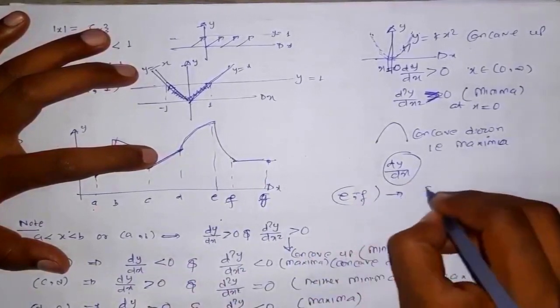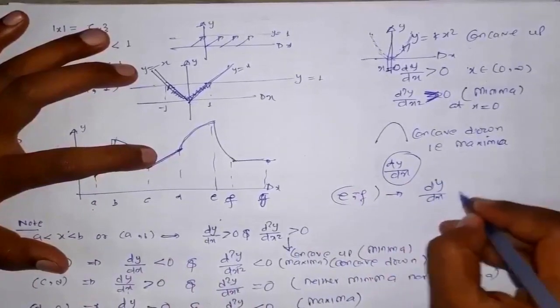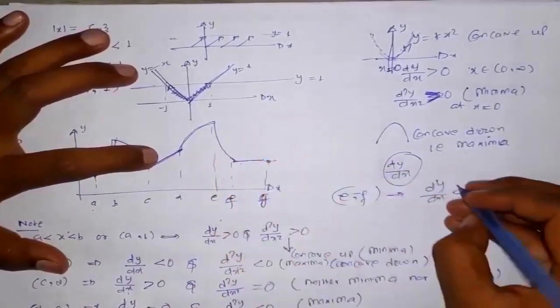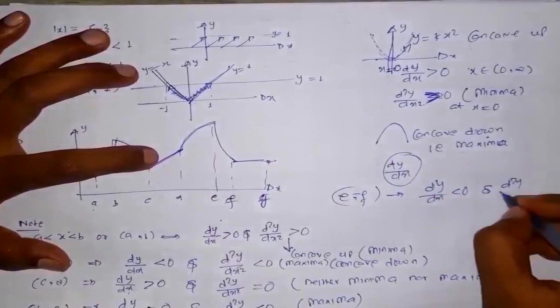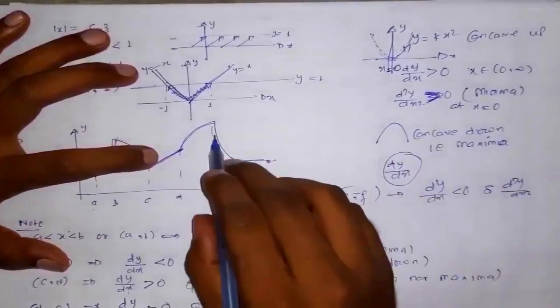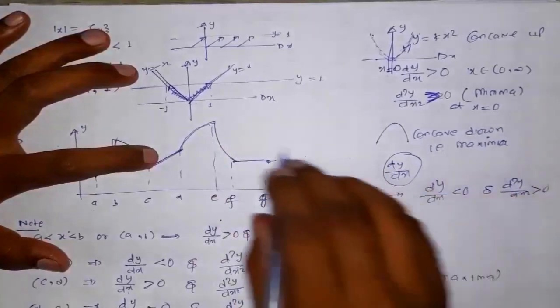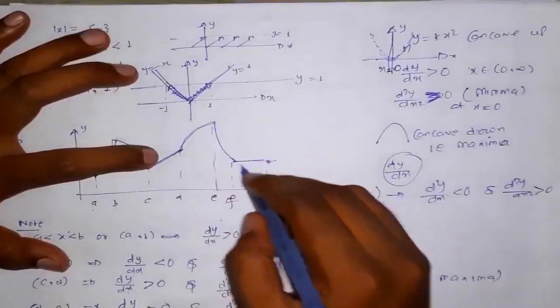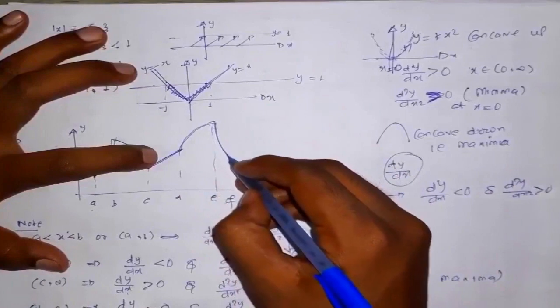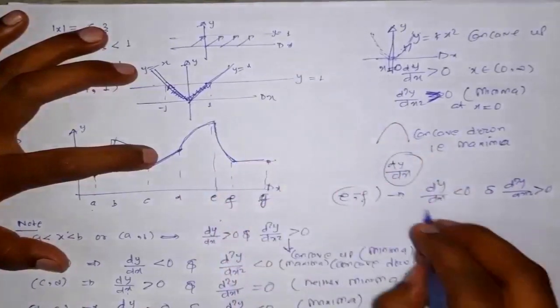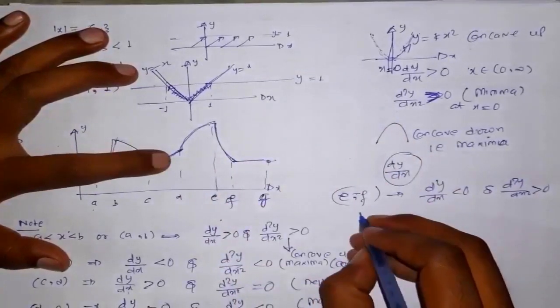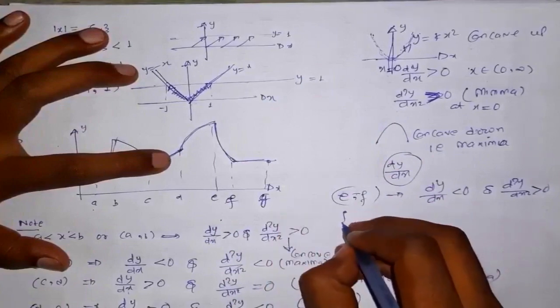For e to f, what will happen? dy by dx will be negative because this is a decreasing function, and d2y by dx square will be positive, because we are getting minima here, because this is concave up type. Okay. So that was e to f.